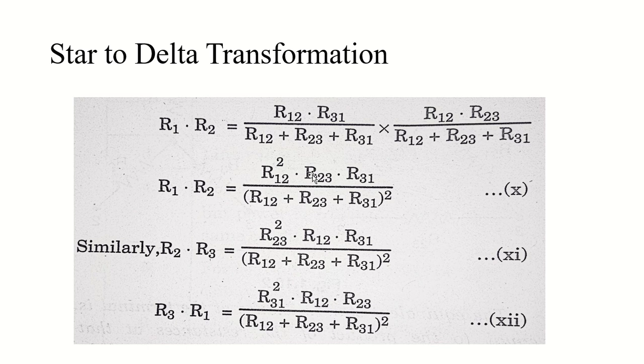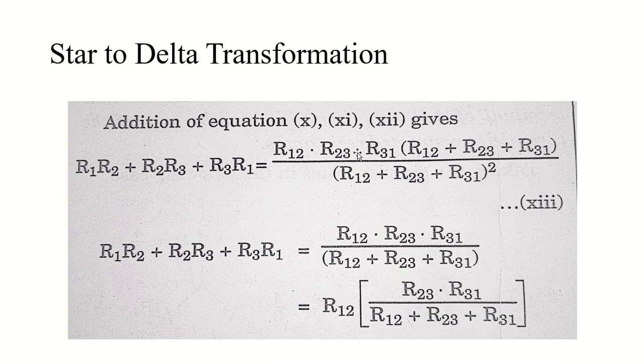It is R12 into R23 into R31. It is common in all of them. But in the first equation R12 is repeated twice, in the second equation R23 is repeated twice, and in the third equation R31 is repeated twice, which means it is getting squared. So can't we take R12 dot R23 dot R31 common and keep R12 plus R23 plus R31 in the bracket? So that is what we have done here. We have taken R12 dot R23 dot R31 common out, and we kept R12 plus R23 plus R31 in the bracket.